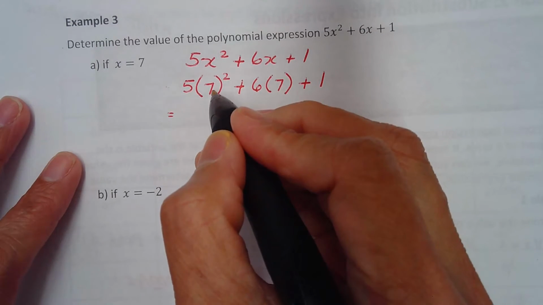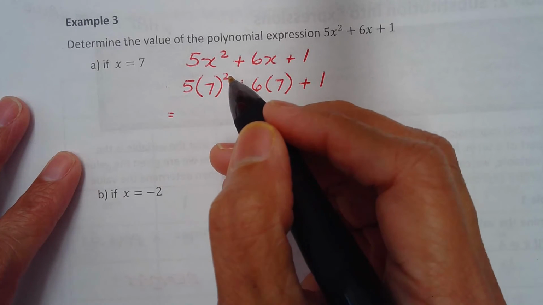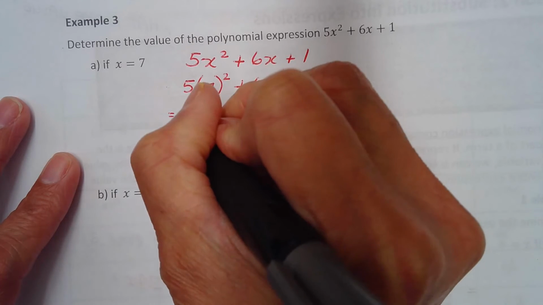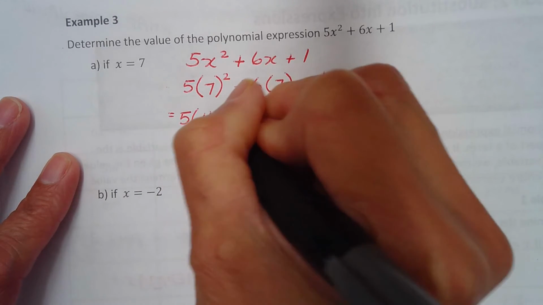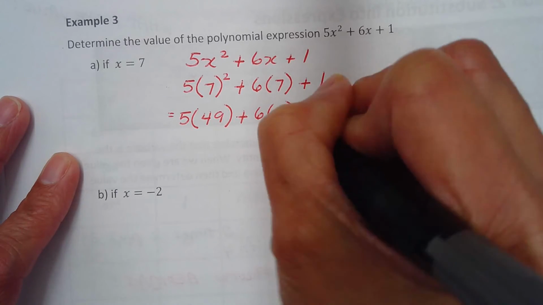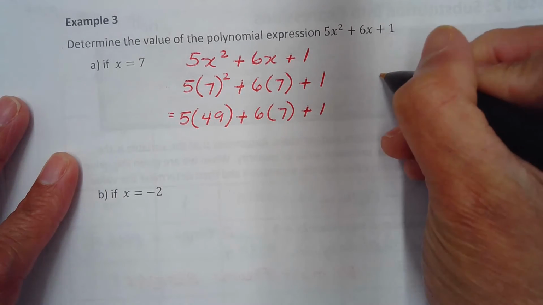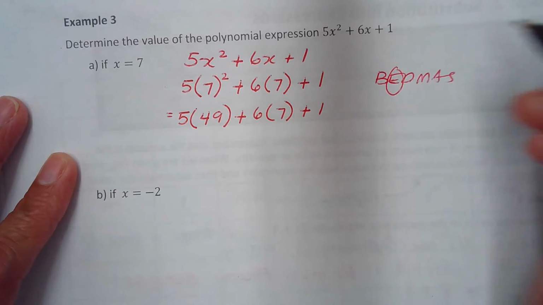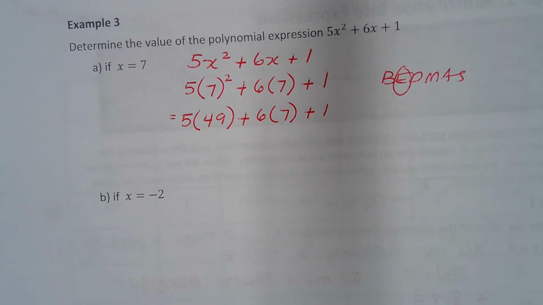What's 7 squared? 49. So I'm going to write this down: 5 times 49 plus 6 times 7 plus 1. So we did the BEDMAS, starting with the exponent.